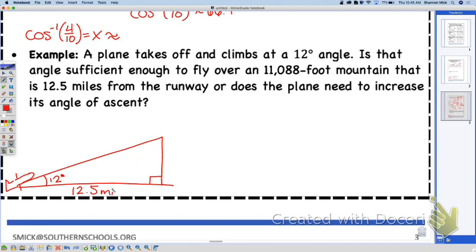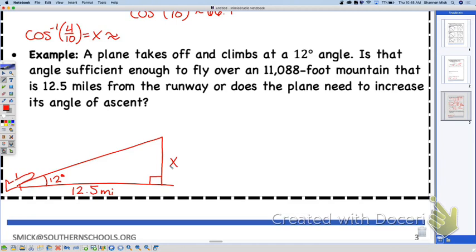So it wants to know if I'm going to get over 11,088 feet, if the mountain is that tall, correct? So I need to find the opposite. Runways are on the ground, yes? So when we read these problems, we need to make a triangle and think about where things are.